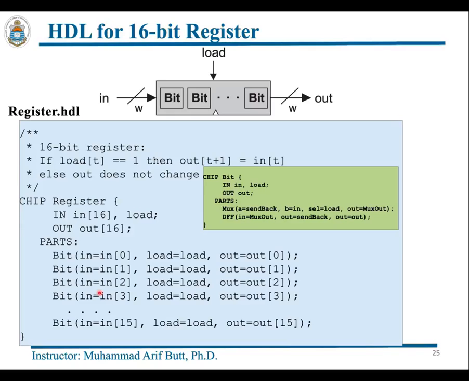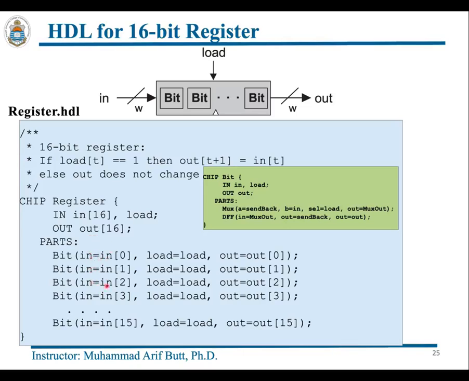So, dear students, this is a slide that shows the HDL for a 16-bit register using the already built bit register. See the interface. The in has 2 inputs, a 16-bit in and a single-bit load, and the out is a 16-bit output. There is a single 16-bit output.